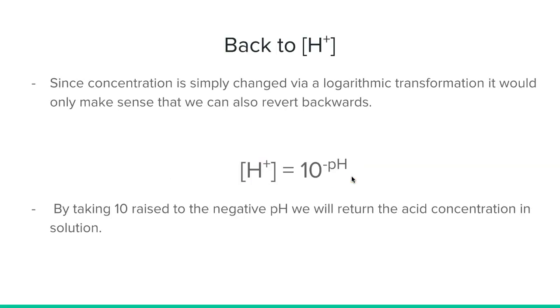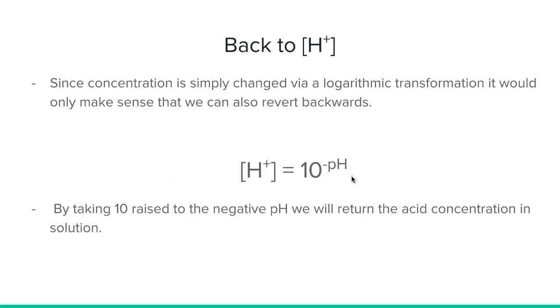All right, so what happens if we have the pH and we want to go back to the concentration? Because we want to be able to readily convert back and forth. If somebody gives you a solution and they say this acetic acid solution has a pH of 4.5, you want to know how much H+ concentration is in that acetic acid solution. So you want to be able to take the pH and backpedal.